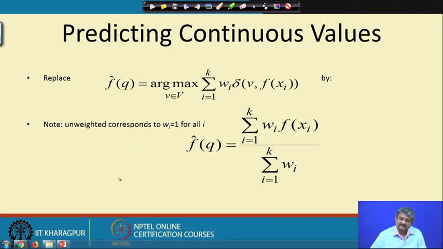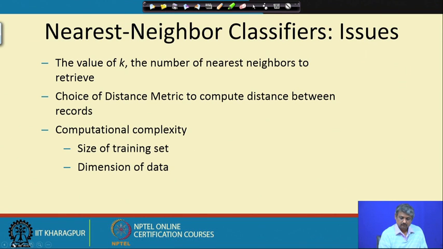So, KNN is a general principle beyond classification also. I guess this is clear.